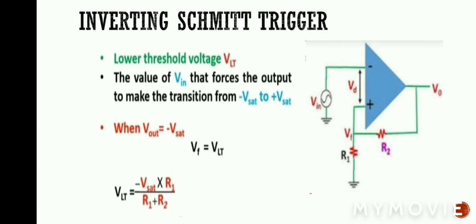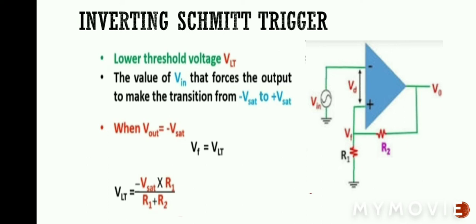Next is lower threshold voltage VLT. Lower threshold voltage is a value of Vin that forces the output voltage to make the transition from negative voltage saturation to positive voltage saturation. So if Vout equals negative voltage saturation, then Vf will be equal to lower threshold voltage VLT.